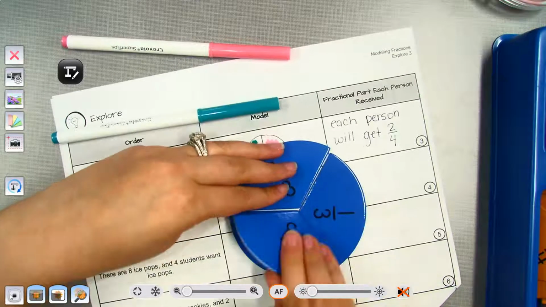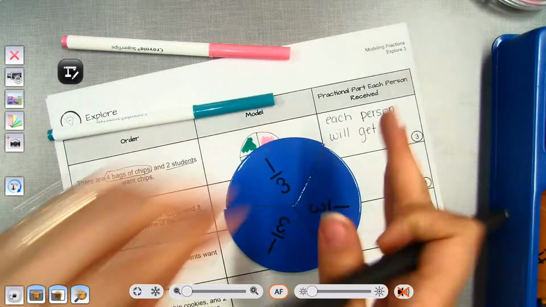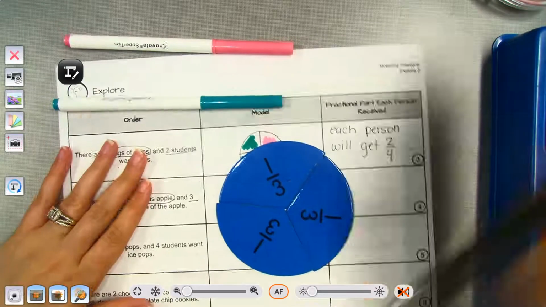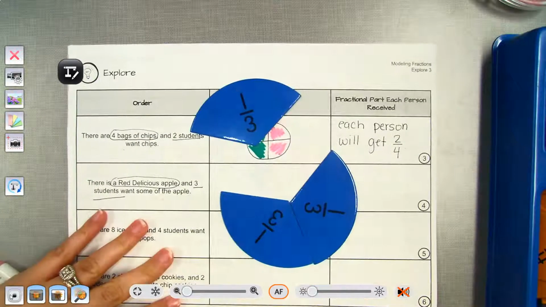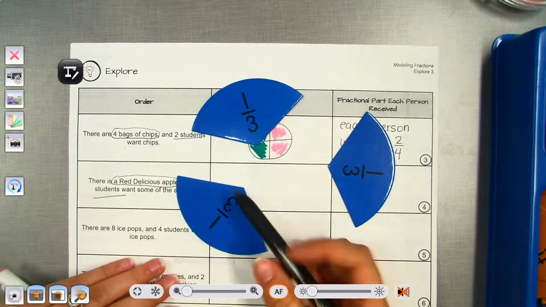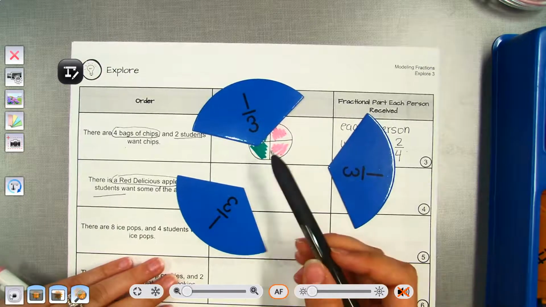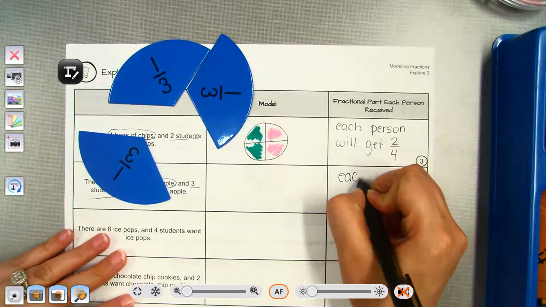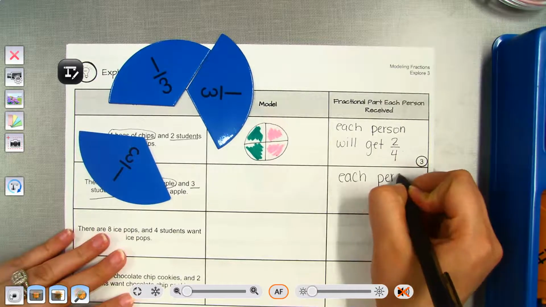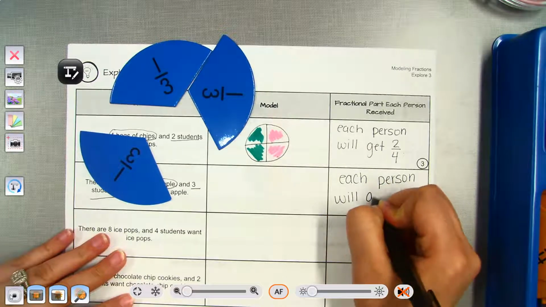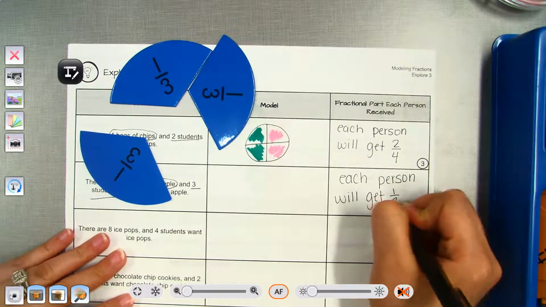So think about it. Here's my whole apple, and I'm going to cut it into thirds. Then this person gets a piece, this person gets a piece, and this person gets a piece. So each person is going to get a third of our apple. Each person will get a third.